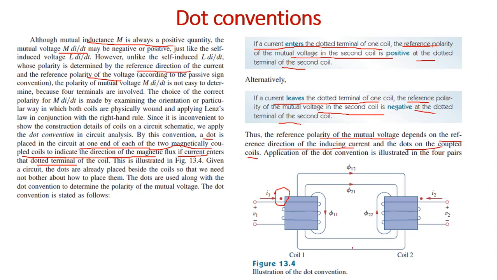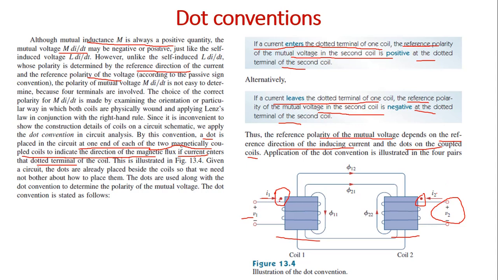Now if you can see this circuit, here we have coil 1, this is coil 2. In coil 1 we have voltage V1, in coil 2 we have voltage V2. Here the dot is placed, and similarly the dot is placed in this coil, right? In coil 1 the current flow is taken as I1, in coil 2 the current flow is taken as I2.